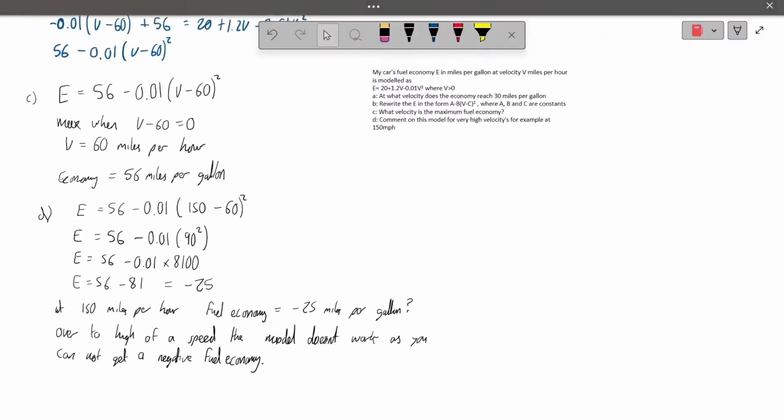Zoom out a little bit so you can see it all. So that would be a typical question with regards to these models.